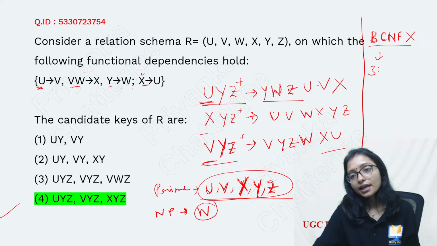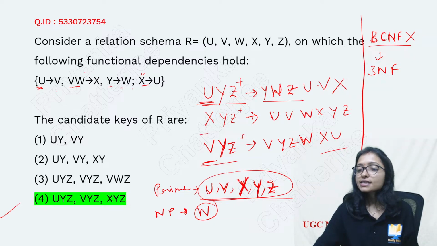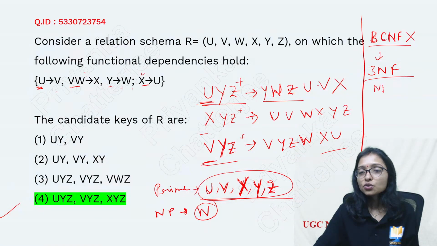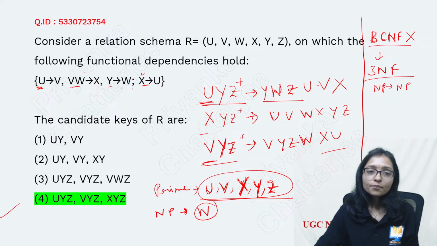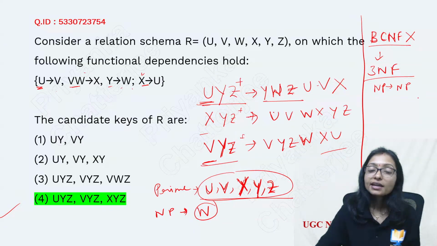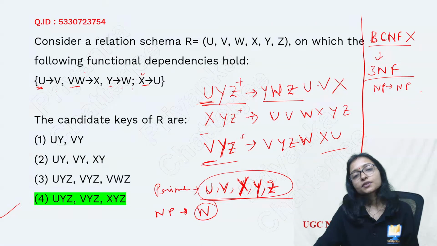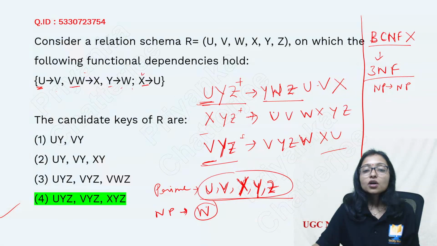Is it in 3NF? In 3NF, transitive dependency is not allowed. That's why I have to check, is there any non-prime to non-prime? You can see there is no non-prime to non-prime, because only one non-prime attribute is there.